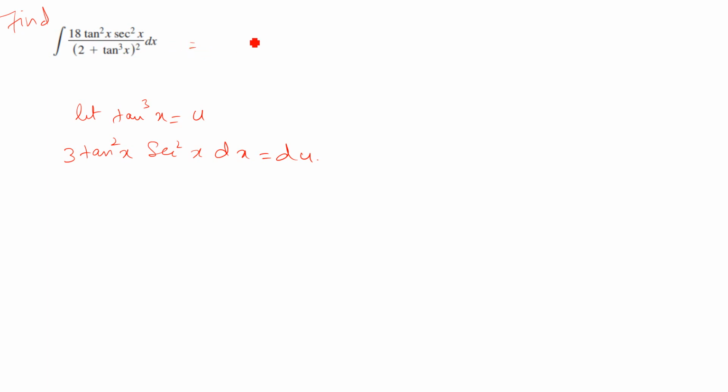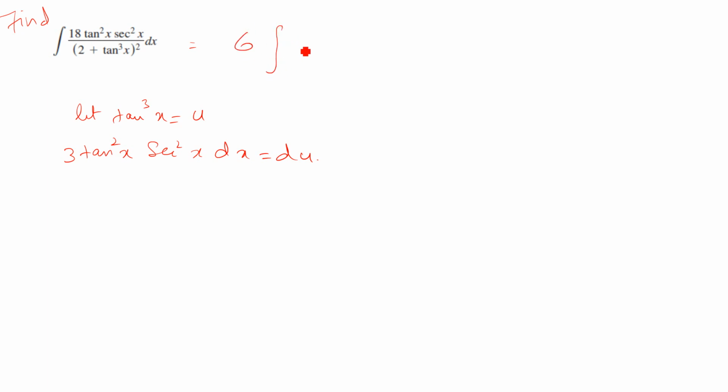We need 18 tangent square. 18 can be written with 6 taken outside, because we need 3 inside: 3 tangent square secant square dx is du. So 6 times 3 is 18, so we can take 6 out.